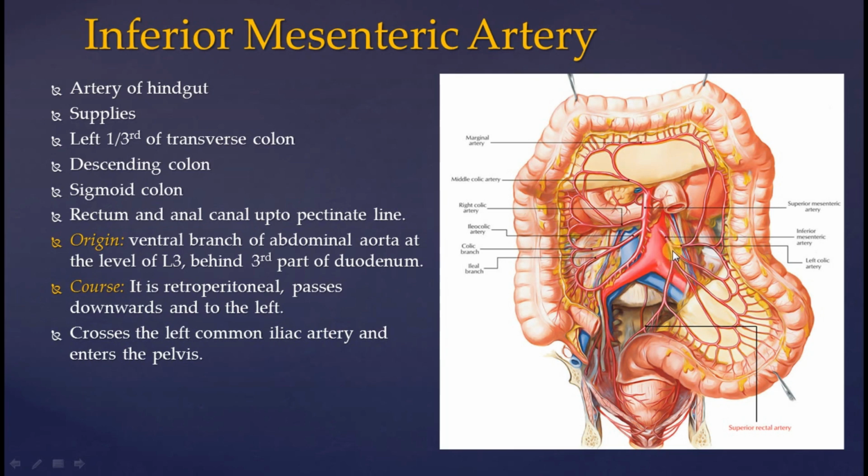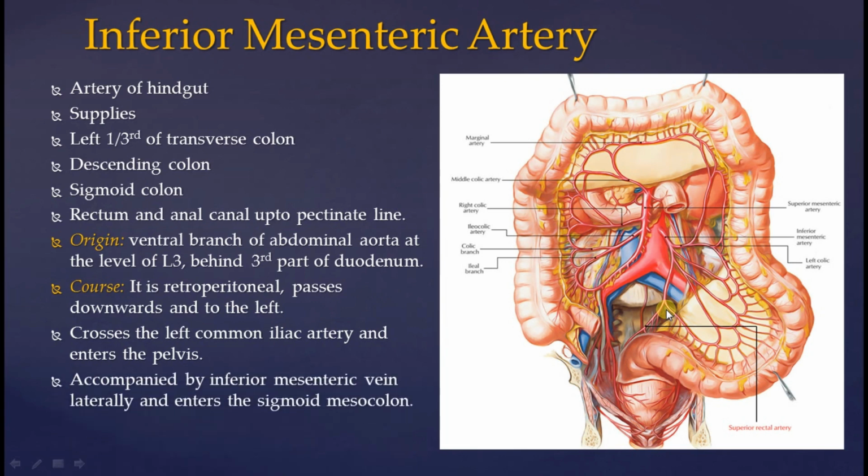It then enters the pelvis and ends by supplying the superior rectal artery. Before that it enters the sigmoid mesocolon, accompanied by its vein, the inferior mesenteric vein, where it enters this peritoneal fold.